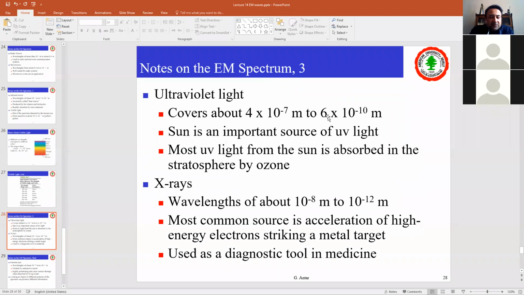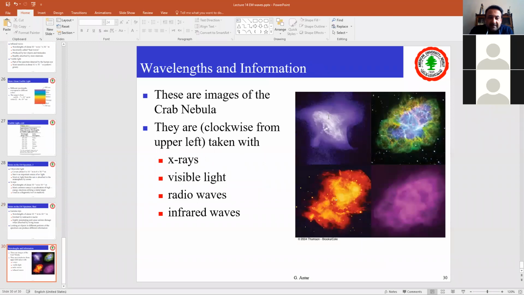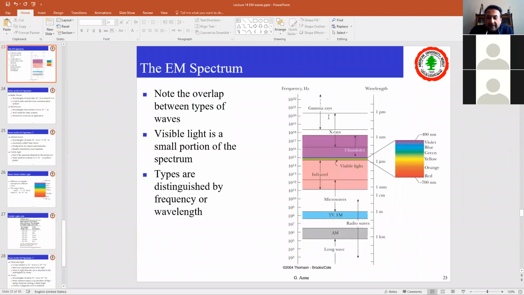Needless to say that each of these ranges has its own importance and its own applications. Let me start with the gamma rays. Gamma rays can be used for medical imaging. They can also be used to study the universe.